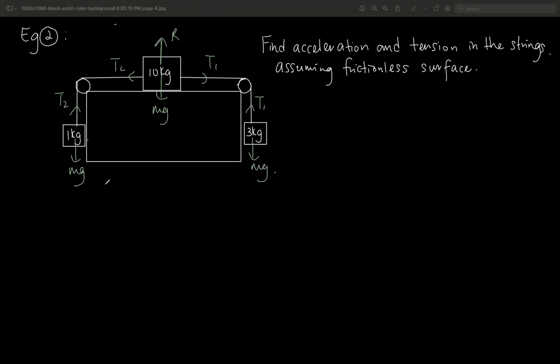So find acceleration first. Where is the system moving? This one is heavier, right? So it's moving down from here. This one is going to the right. This one is going up.